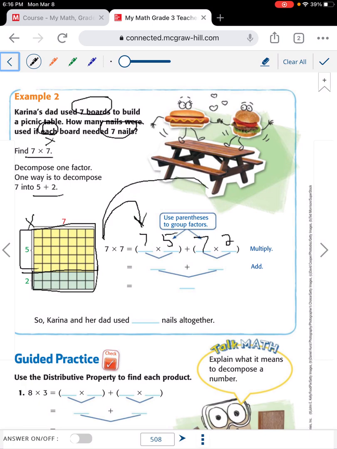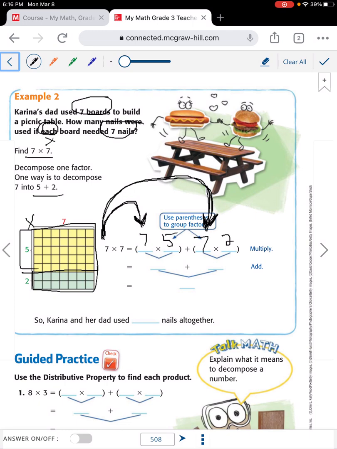So we have two groups because of our 7 getting broken down into 5 and 2. So now we're going to distribute, or use the distributive property to move this 7 over to the two groups so that it can be multiplied twice, once with the 5 and once with the 2.